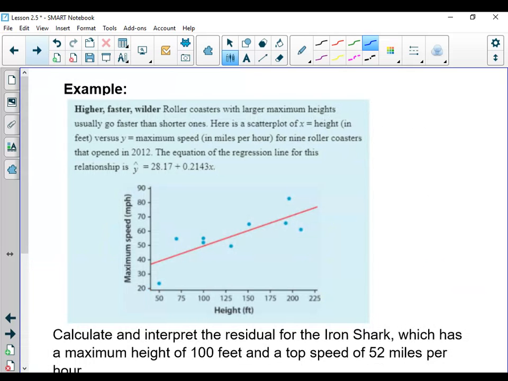We've got this example. We've got a scatter plot that looks at the height of some different roller coasters and the maximum speed that they go. And after they crunch through the data, this is their regression line they came up with.